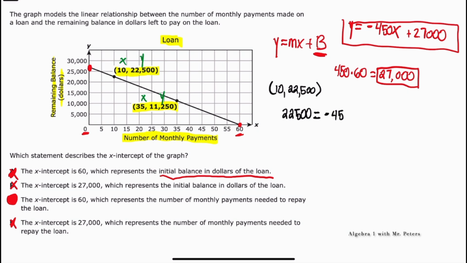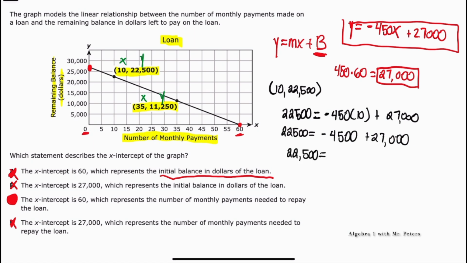So once I plug that in, right? Negative 450 times 10 plus 27,000. It's supposed to be a true statement. So let's look. So we have 22,500 is equal to negative 4,500 plus 27,000. And when I add this to 27,000, I'm going to have 22,500 is equal to 22,500.